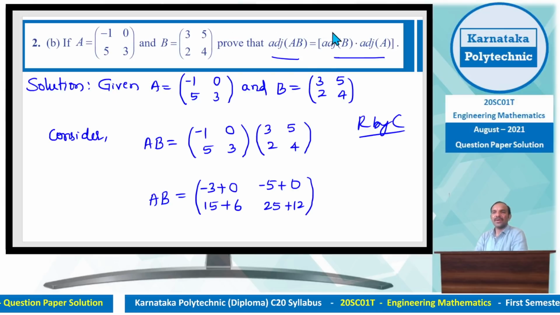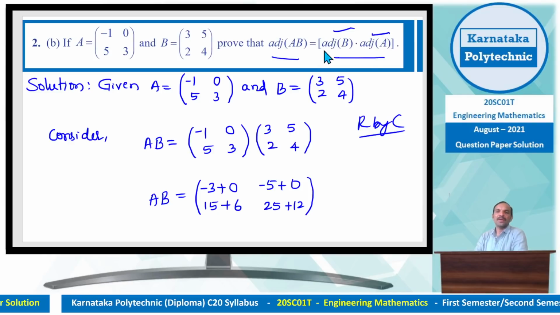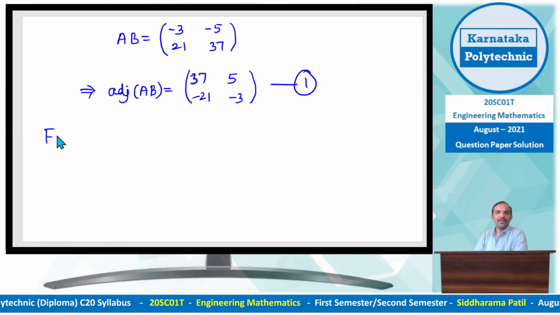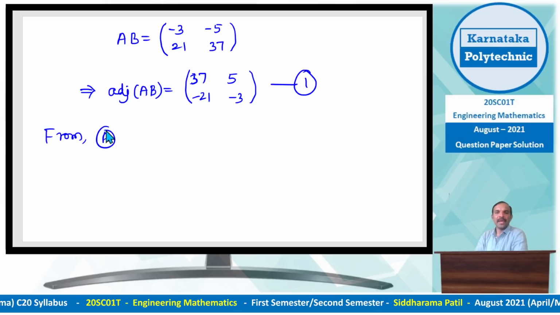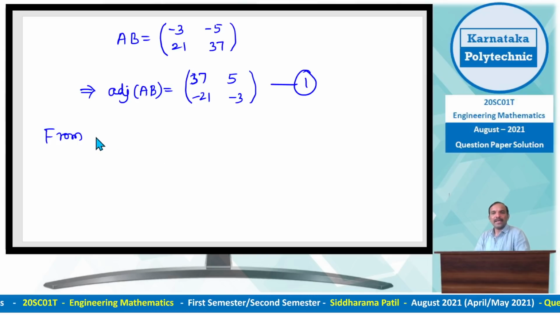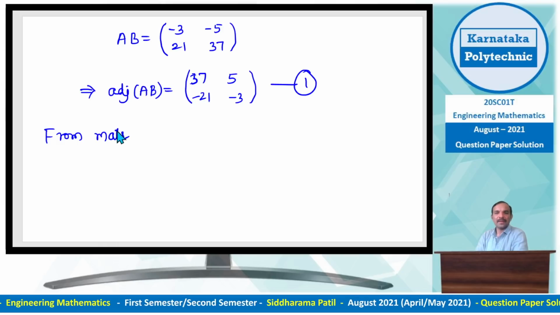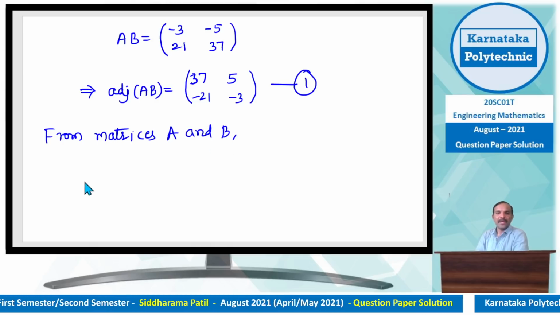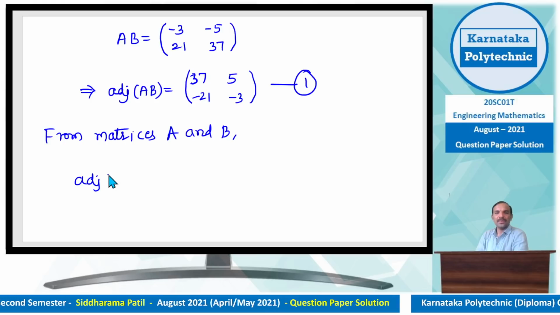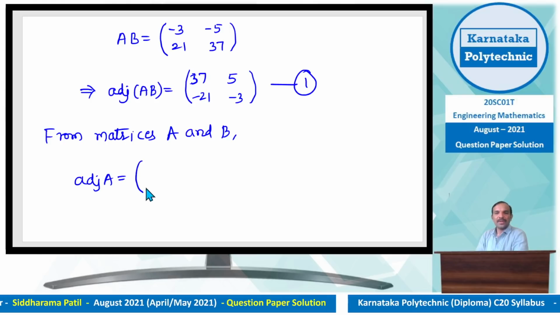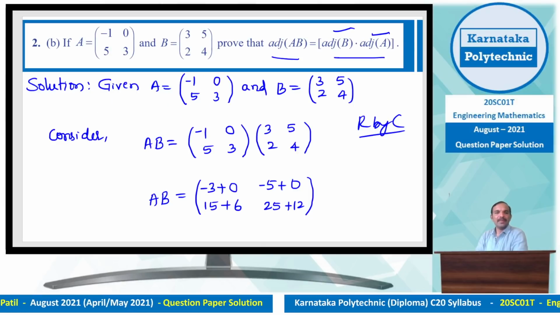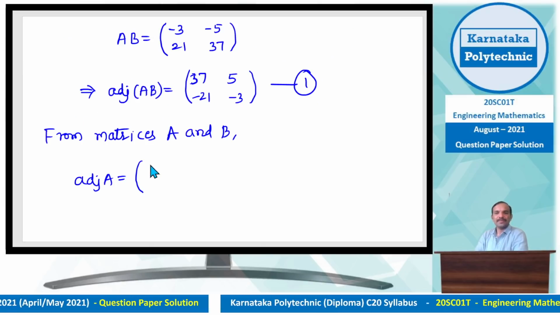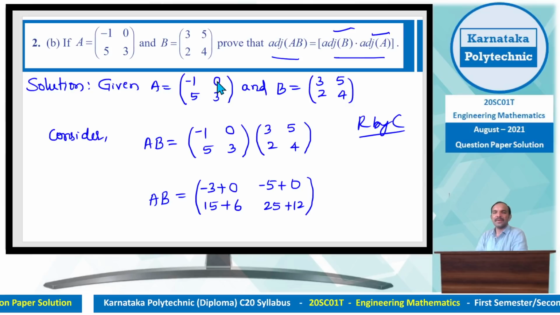Now, next step, you have to find the adjoint of B, adjoint of A, then their product. To write the adjoint of B and adjoint of A directly, you have to use matrices A and B. Adjoint of A equals: change the diagonal elements, minus 1, 3 becomes 3, minus 1; change the sign of non-diagonal, it is 0, minus 5.